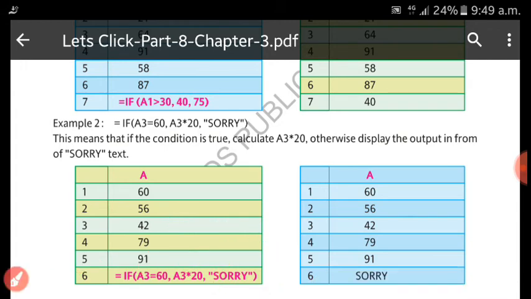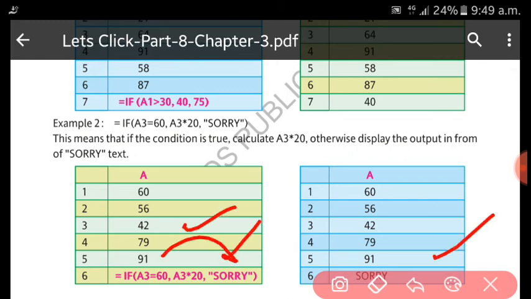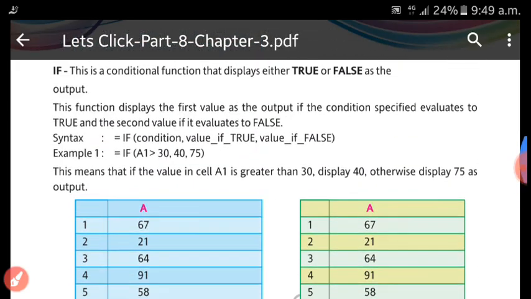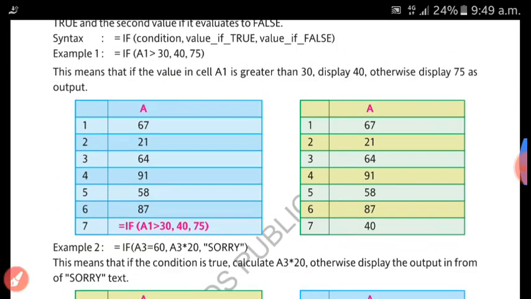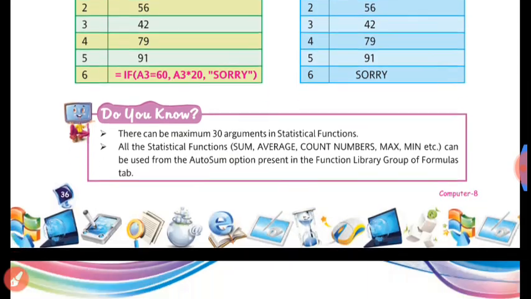Here the value of A3, that is 42, is not equal to 60, so the result will be "sorry". So it depends on the condition. Remember, this is a rule: the condition, then value if true, and value if false. This is fixed, we can't change that. Okay, so this is all about that.